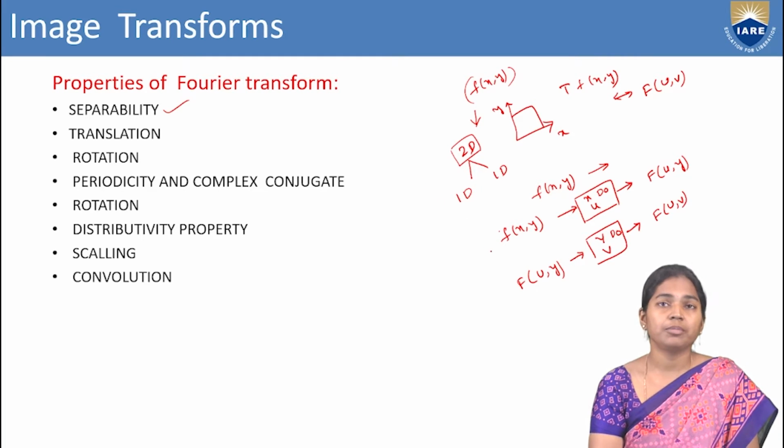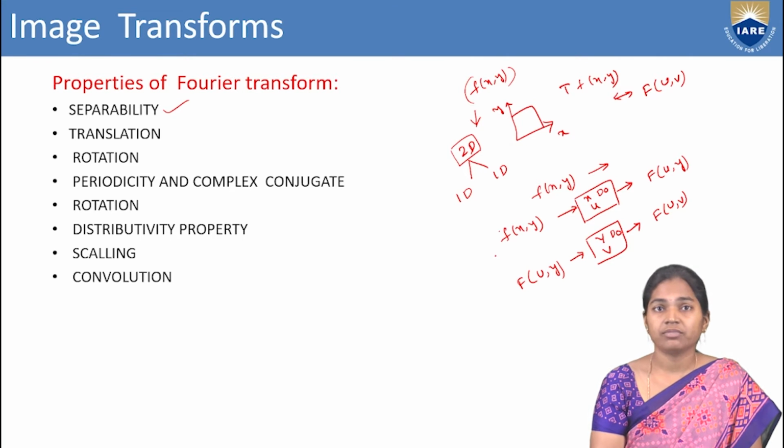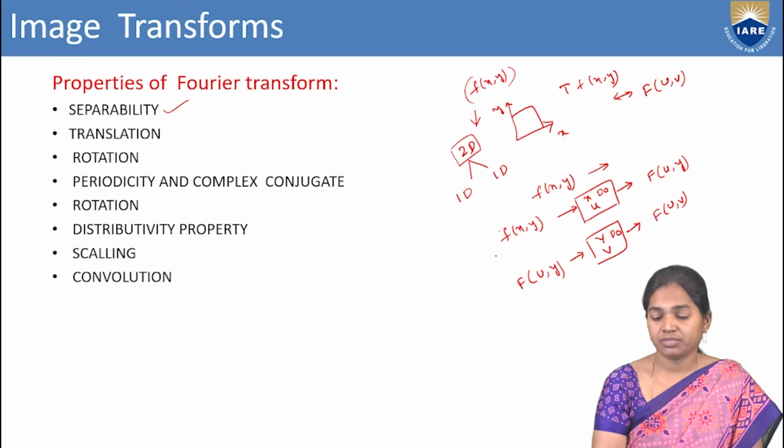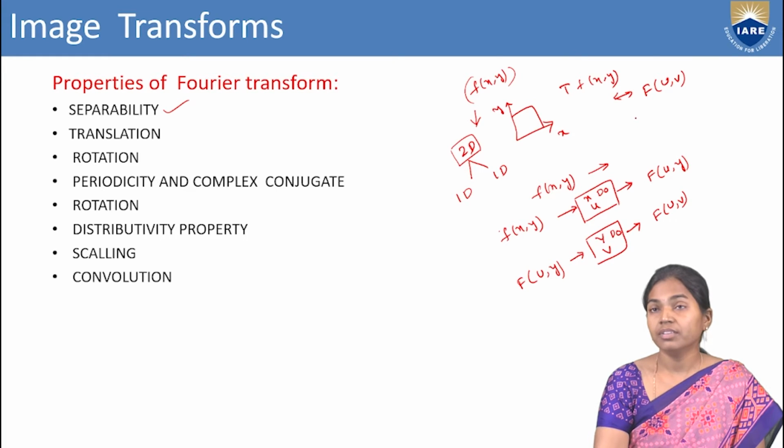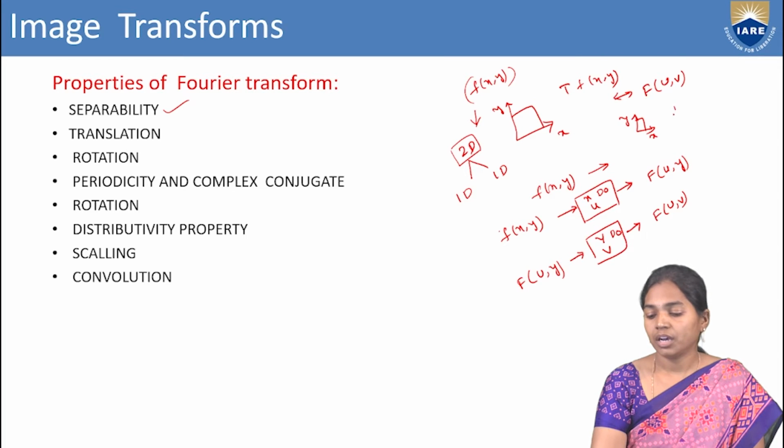Based on this separable property, we have the Walsh transform, Hadamard transform, Haar transform, and slant transform. First we apply the separable property on f of x comma y: x becomes u, while y remains.